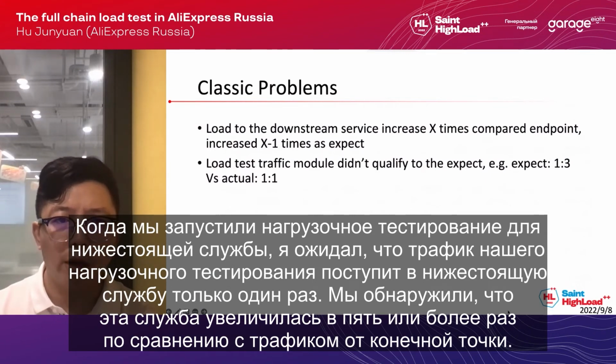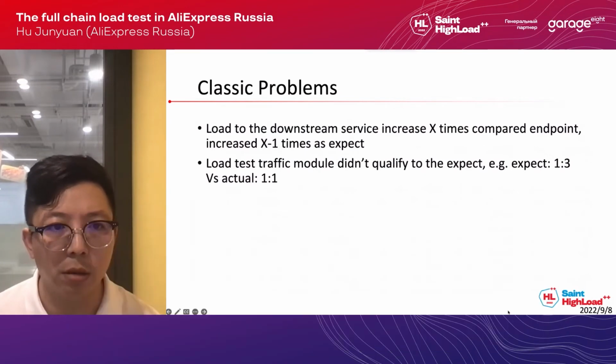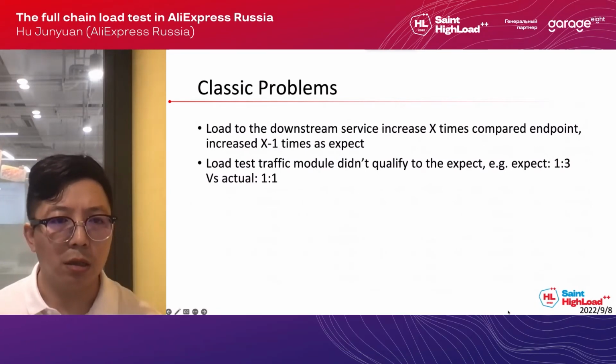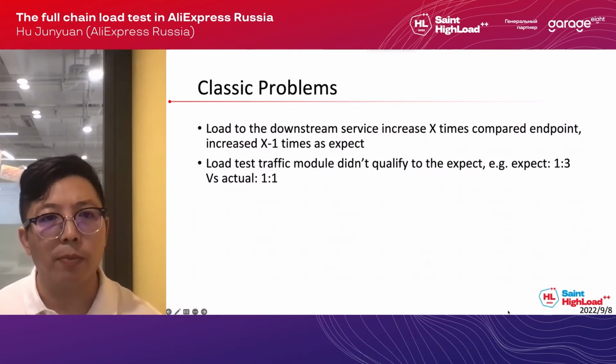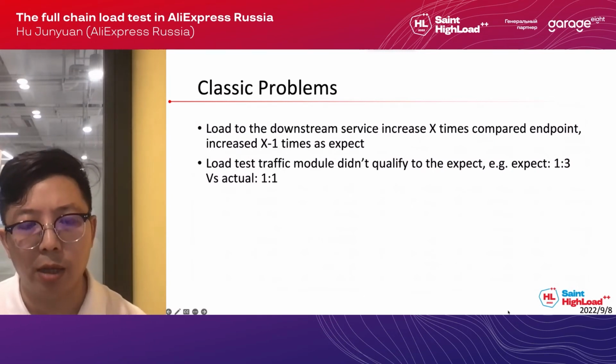As we expected, only one times our load test traffic would go to the downstream service. But we found that this service had increased 5 times or more compared with traffic from the endpoint. The actual result was like 4 or 5 times what we expected.